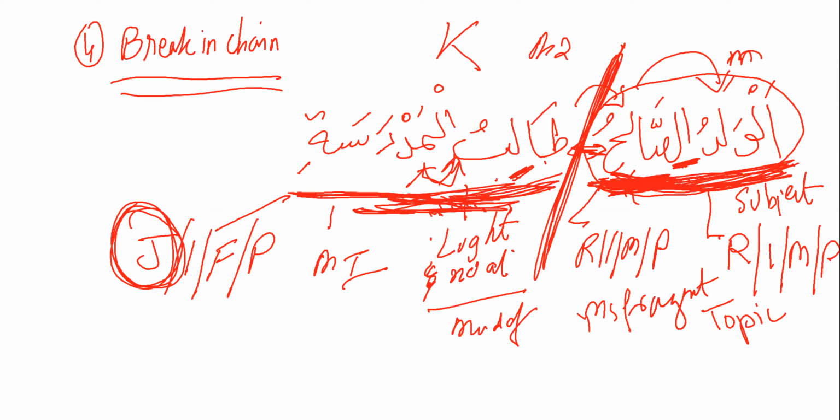Sorry, come again. As was being said, here we would have put is, right? Because of the break in chain. But we have to make sure that what comes after the break in chain is information or topic still going on.